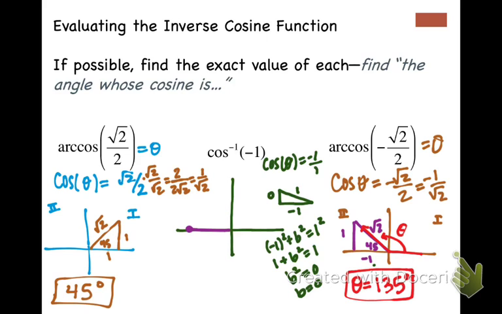So what that's going to be is just a horizontal line. And I know it's going to go to the left because that's negative. So that angle there, that's my 180 degree angle. So my theta equals 180.